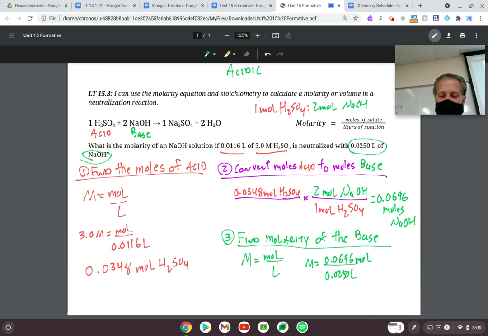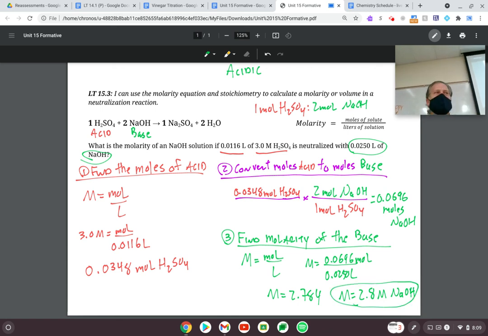So I'm going to take that and divide it by the 0.0250. And it looks like I get a molarity that's equal to 2.784. Looking at sig figs, I should probably have about 2 sig figs. So the final answer will be molarity is equal to 2.8 molar NaOH.